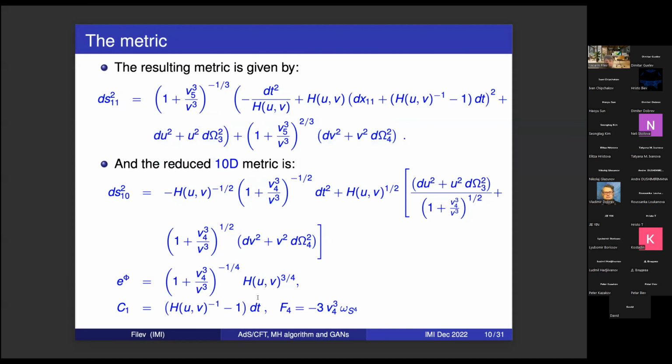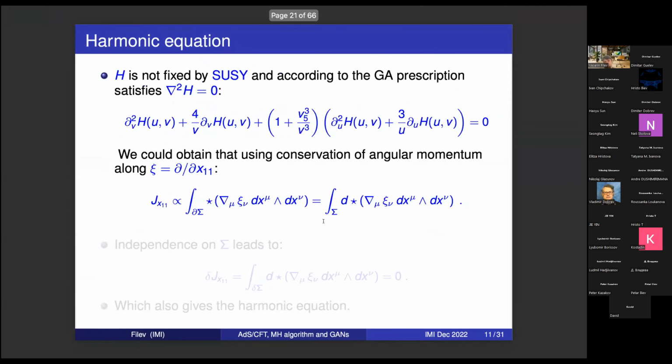Now, the next part of the talk is about solving, well, not to the end, but just a few more slides about solving for this H of U. So H of U satisfies this equation of motion, which is actually a harmonic equation, but with this additional term here, right?